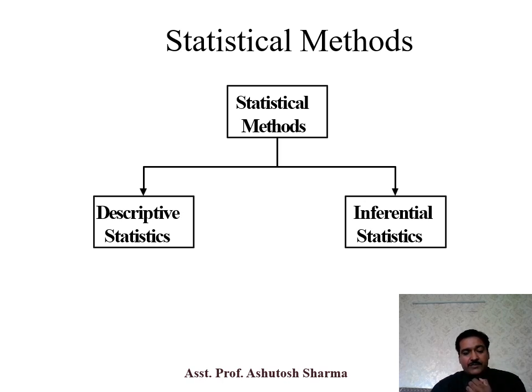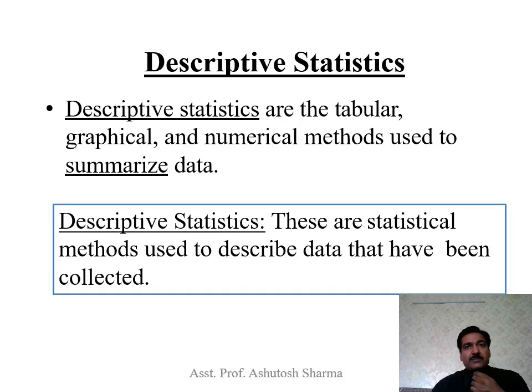Further, if we talk about statistical methods or techniques, they can be divided into two categories: descriptive statistics and inferential statistics. Descriptive statistics simply means the techniques which are used to describe the data that have been collected.